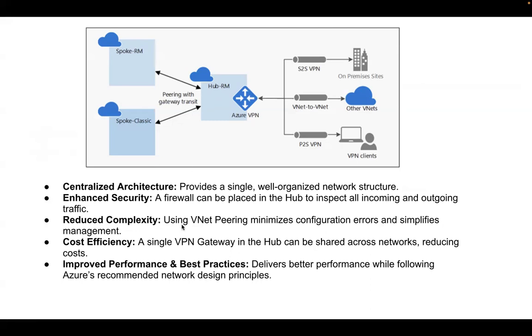Reduced complexity: using VNet peering minimizes configuration errors and simplifies management. VNet peering is easy to configure, while multiple VPN gateways are very complex. Cost efficiency: a single VPN gateway in a hub can be shared across networks, reducing cost.